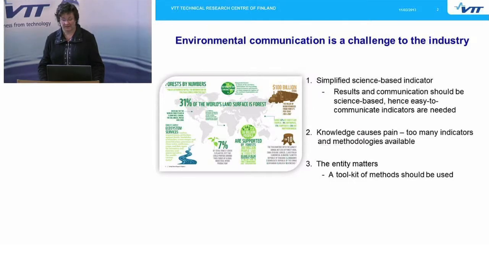But like I said at the third part, the entity matters. So a toolkit of methods should be used and not rely on only one indicator. It's always better to give a wider view on the environmental or sustainability situation of the company.